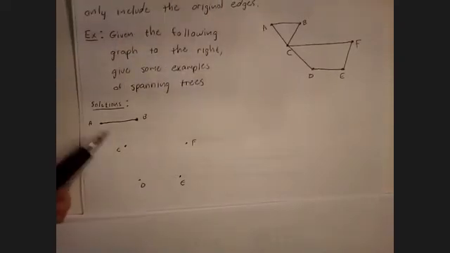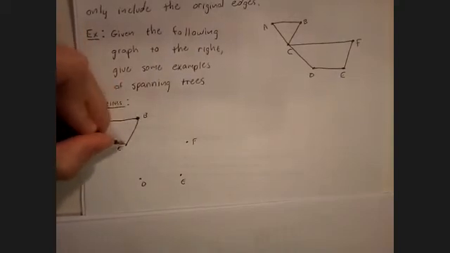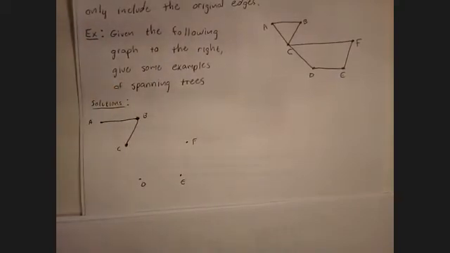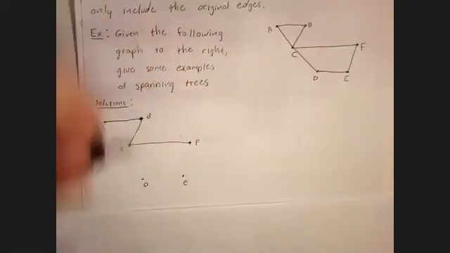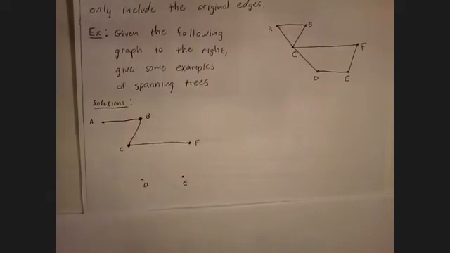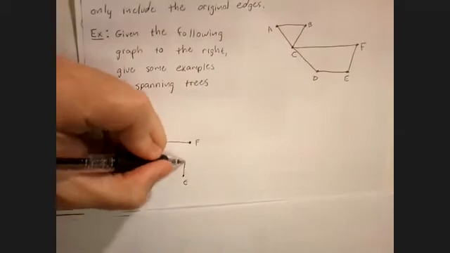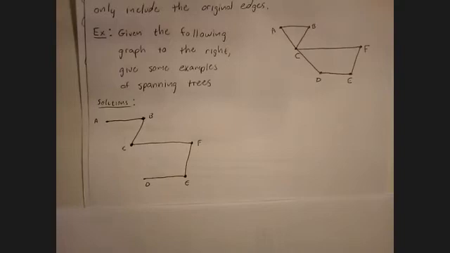I can either go from A to C or B to C. I'll go B to C. At this point, I could go C to F or C to D. I'm going to go C to F because that was in the original. And then I could still go from C to D or E to F, but not both. So I'll go E to F and D to E. So this is a spanning tree of the graph.